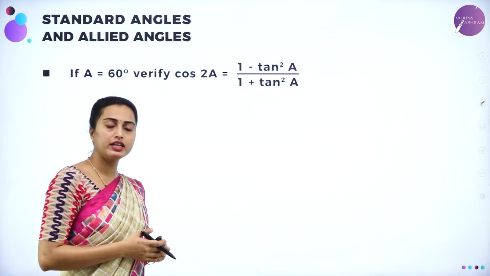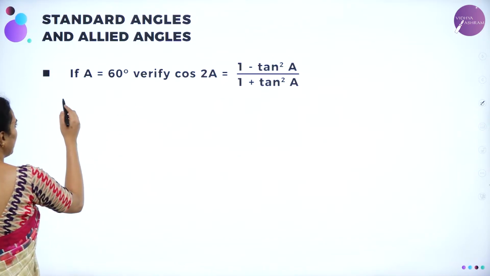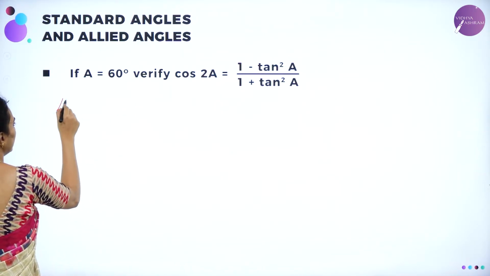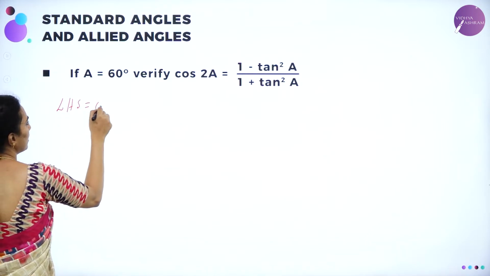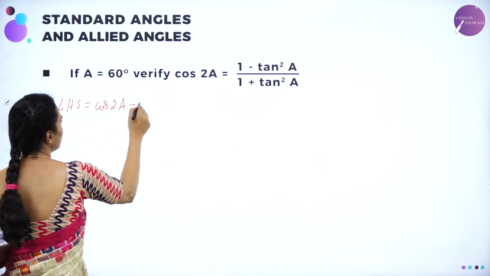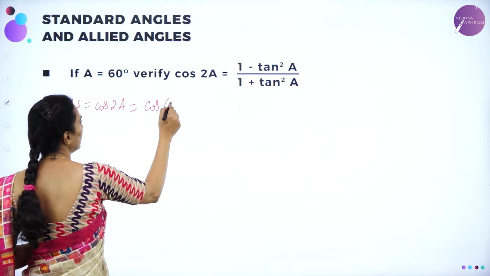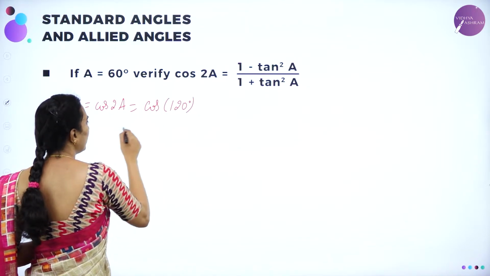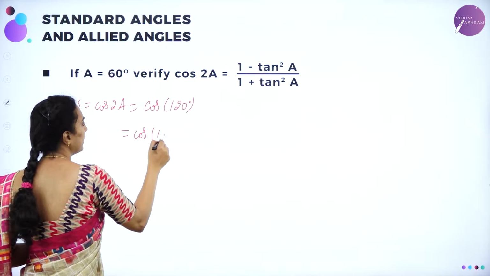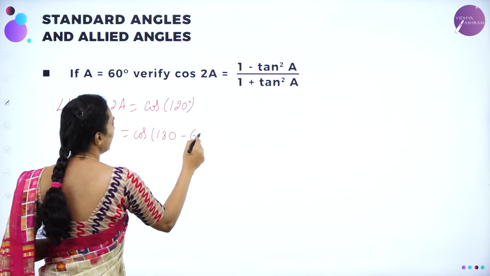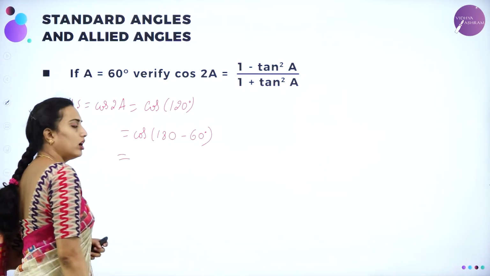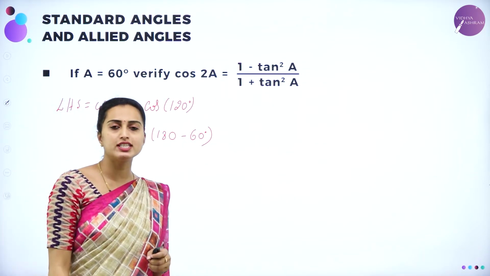Here also, by taking the left hand side, let me check. By putting A is equal to 60 degrees, the left hand side is nothing but cos 2A, which is cos of 2 into 60 degrees, that is 120 degrees. You can write this as cos of 180 minus theta, which is 180 minus 60 degrees. Cos of 180 minus theta falls in the second quadrant.